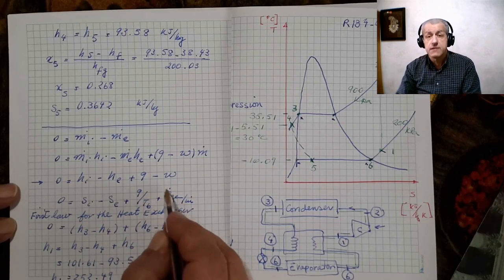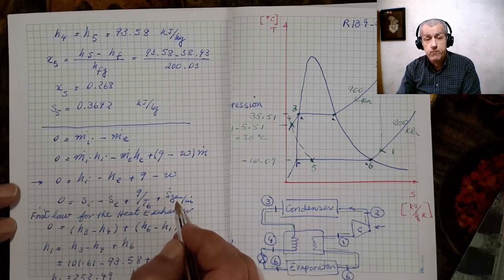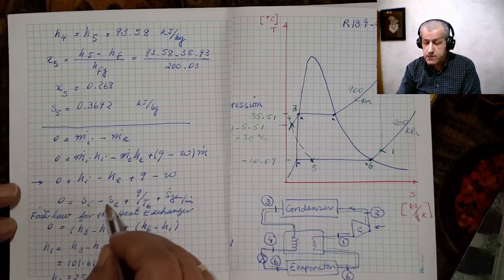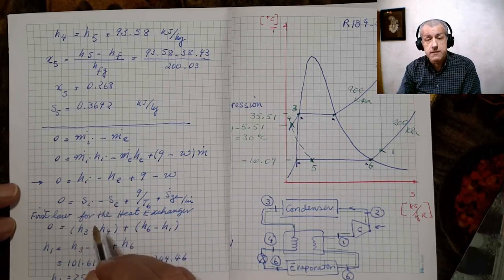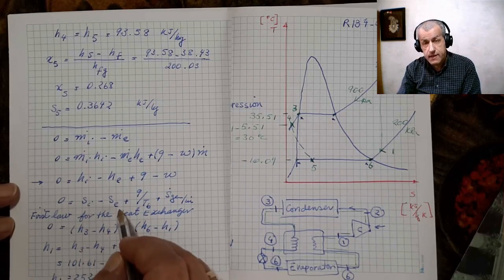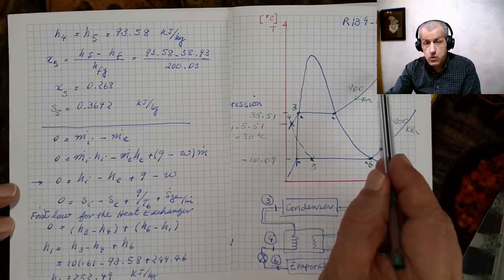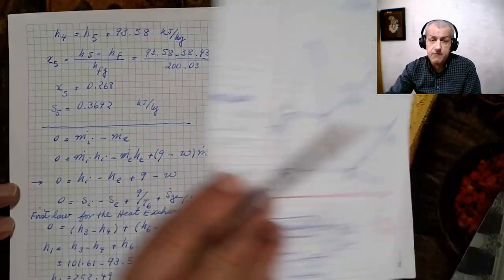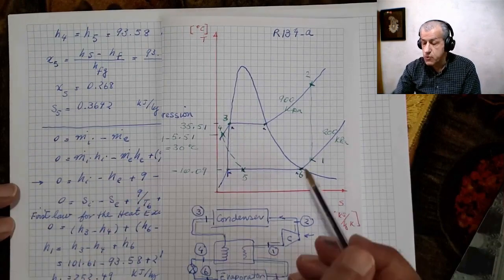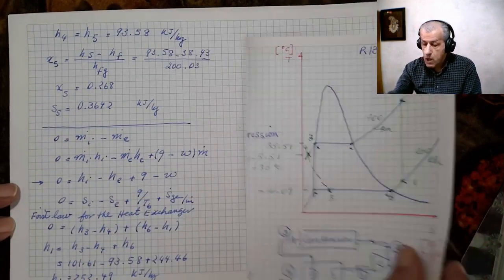It's reversible, so this term also vanishes, and therefore the entropy would be the same for compressor inlet and exit. That means that the entropy at point 2 would be the same as the entropy at point 1.